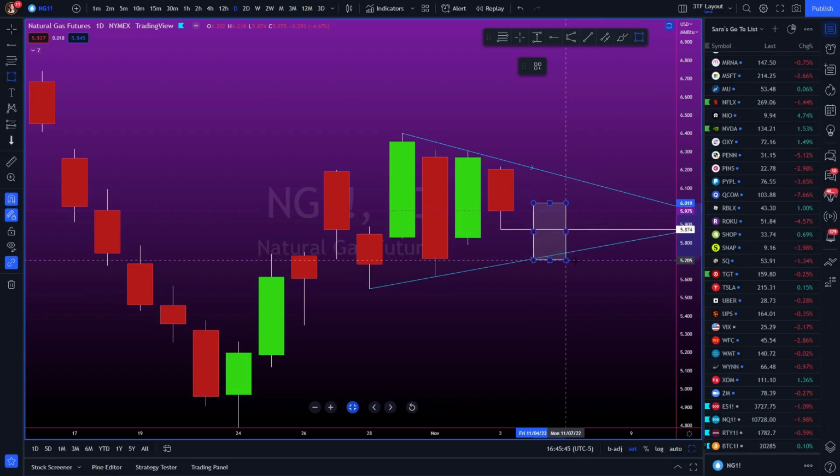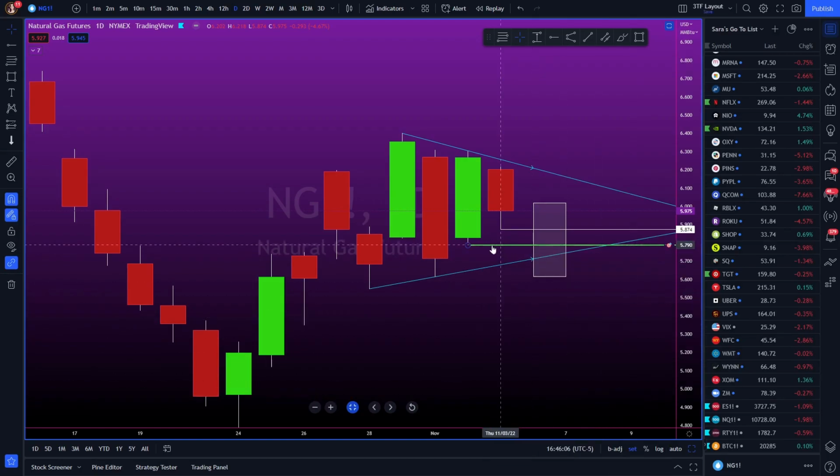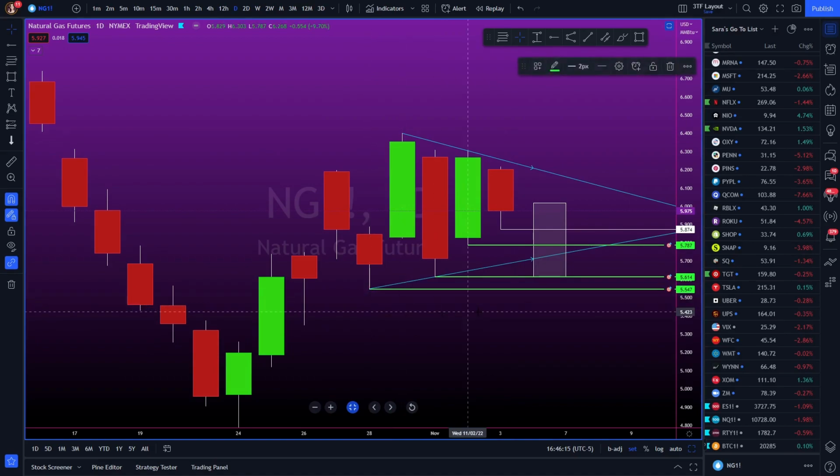A 2-1-2 down that could finally get it out of this mother bar. And that's why inside day break plays work, because there's consolidation happening inside of this range. This is consolidation. So the market hasn't picked a direction yet, but when it does, everybody's pretty much on board.